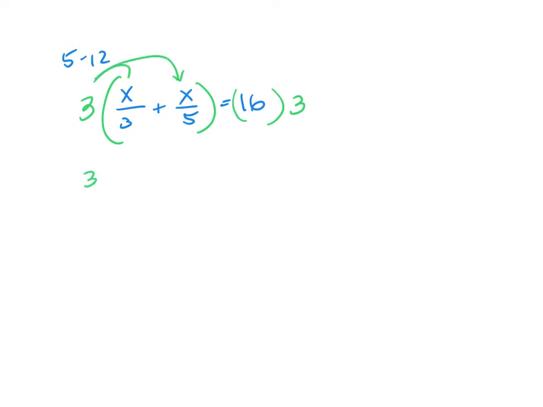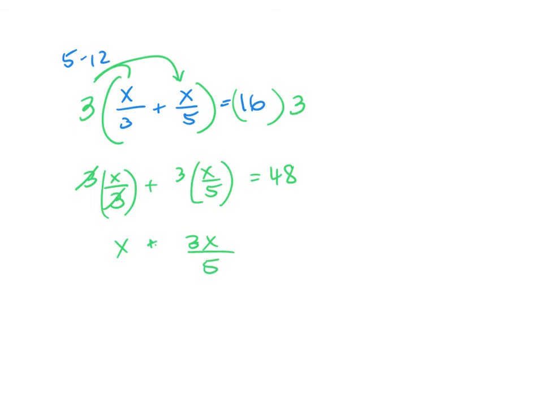So that's 3 times x over 3 plus 3 times x over 5 equals 16 times 3, which is 48. Ooh, it's nice. The fraction kind of disappeared. And then I get 3x over 5, ooh, but I still have a fraction here. So I got rid of one of the fractions, but how can I get rid of the other fraction?